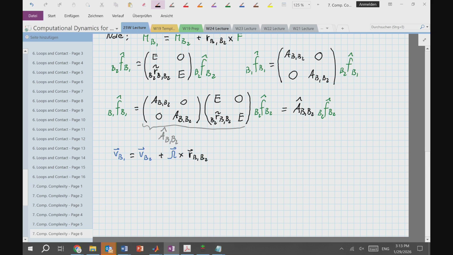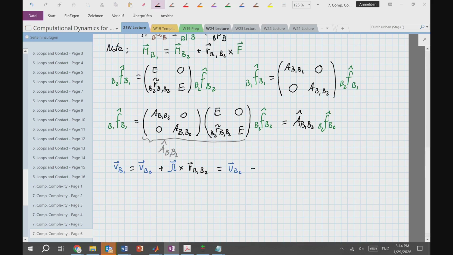This is chapter 3, relative velocities of two points on a body, and there we called them P and Q, and here I call them B1 and B2. And I can write this as VB2 minus the cross product RB1, B2 cross omega. And instead of a cross product, I'm now going to write a tilde here. And instead of a tilde and a minus, I will do a transpose. So this is exactly the same with my now vector omega.